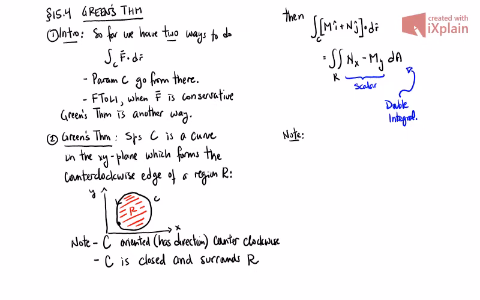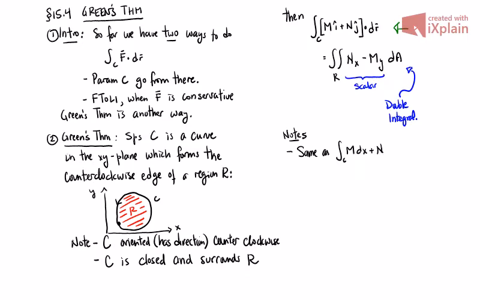So first note, let's say notes plural. The first note is this notation up at the top. This is one of our two notations for line integrals of vector fields. So this can also be written as the integral over C of M dx plus N dy.